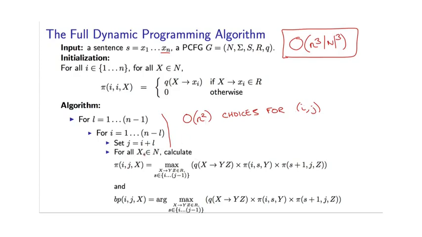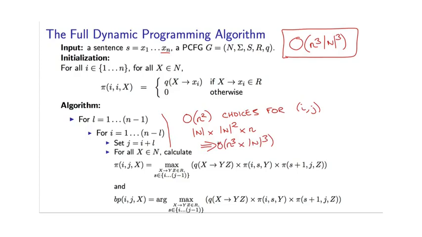Then at each point we have N possible values for X. For each value of X, we consider all possible rules expanding X. We have at most N squared possible rules because there are N choices for Y and N choices for Z. And then s also has at most n values because it's in the range i to j minus 1, and i and j are between 1 and n. So finally we have n cubed times N cubed as the final complexity of the algorithm.